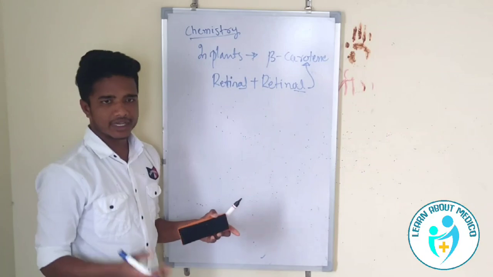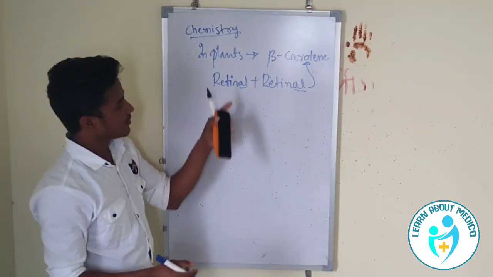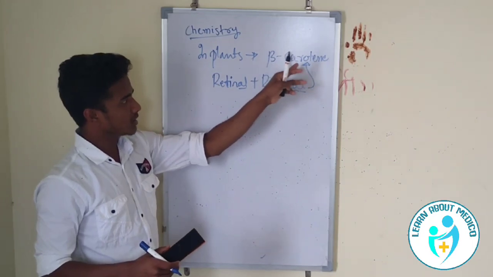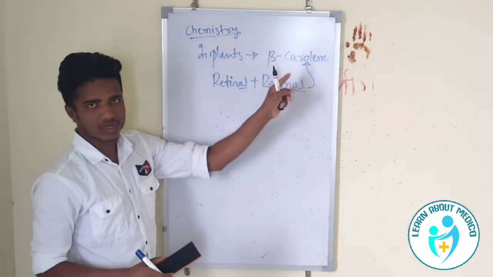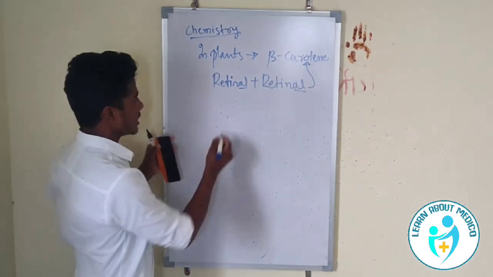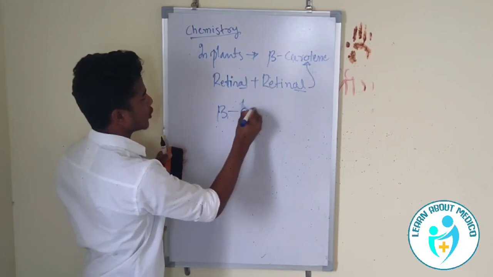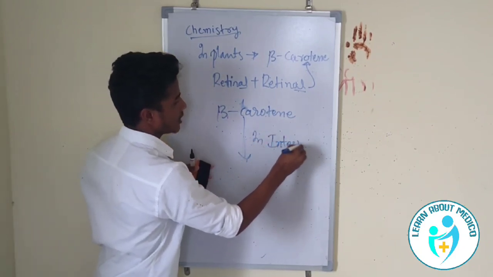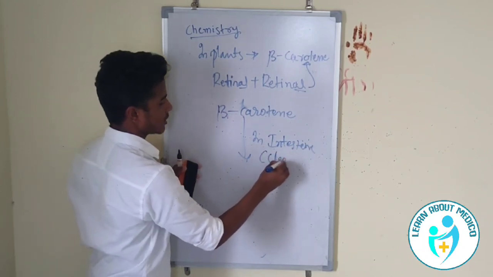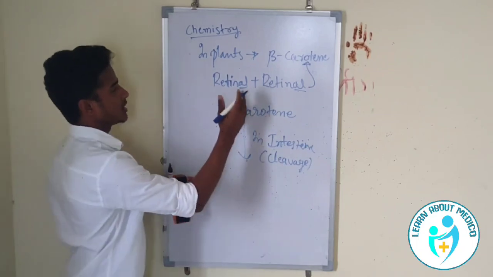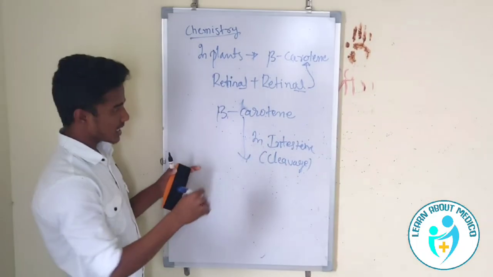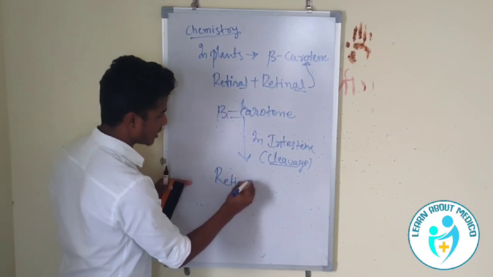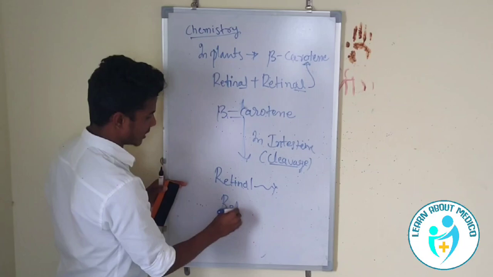We can obtain this beta carotene in the form of plant foods. In the intestine, the beta carotene, meaning 2 moles of retinal combined together, is going to be cleaved. In the intestine, this beta carotene is cleaved to form two separate moles of retinal.